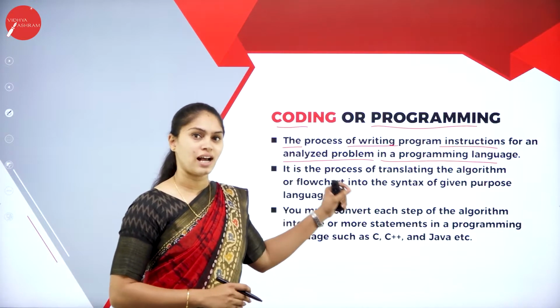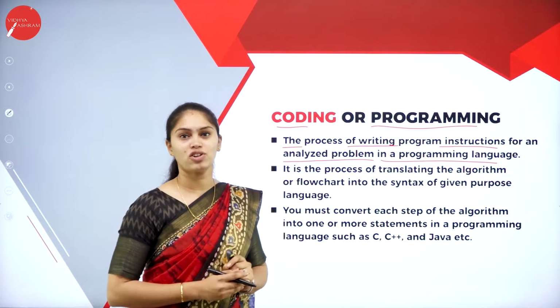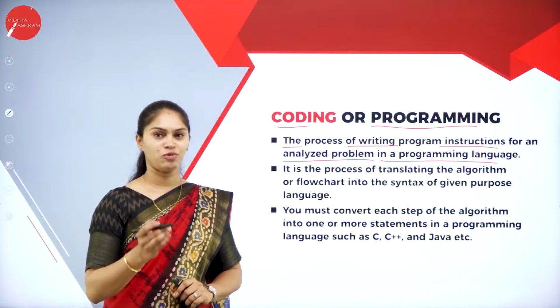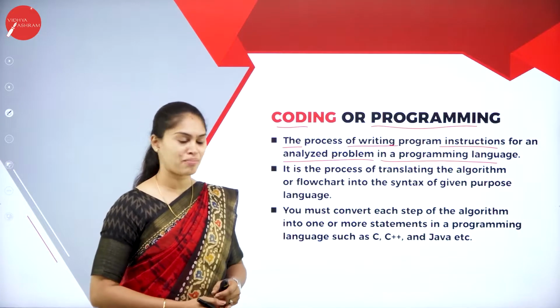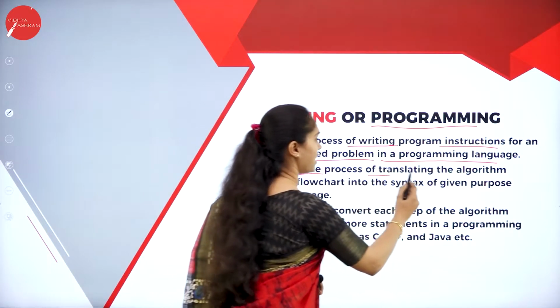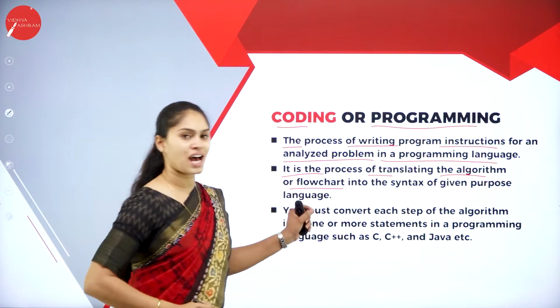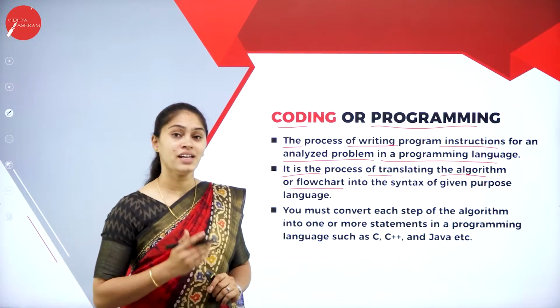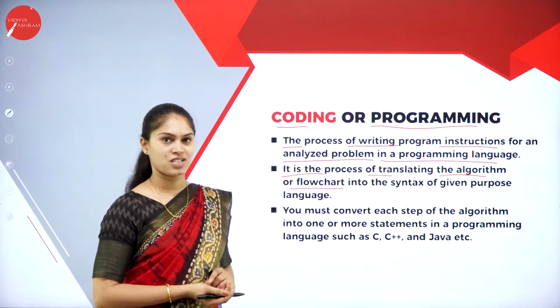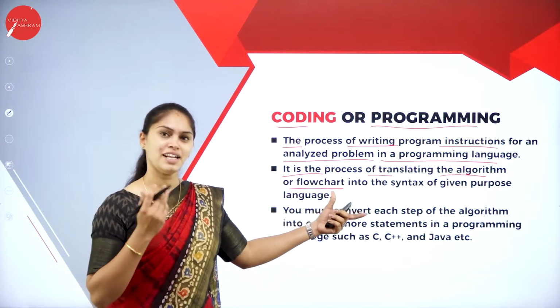This programming language can be the user's choice. Algorithms and flowcharts are independent of programming languages. So then what can we call coding or programming? It is a process of translating the algorithm or flowchart into the syntax of a given programming language. Given programming language in the sense it is of user choice.